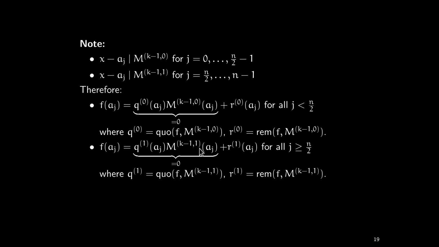And then you find that this is 0 because a_j for this one is a root of this polynomial, just by the way this polynomial is defined. So this is 0, and we get that the value of f at this a is the same as the value of this remainder at this a. Okay.